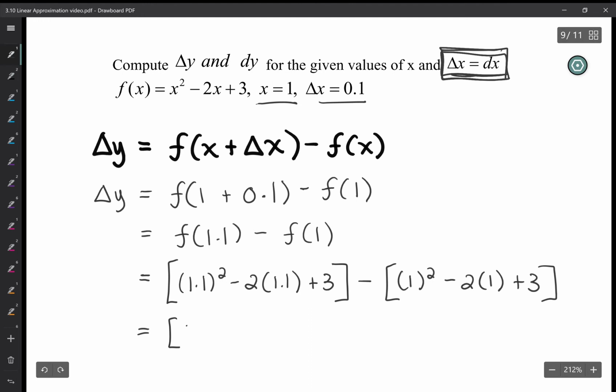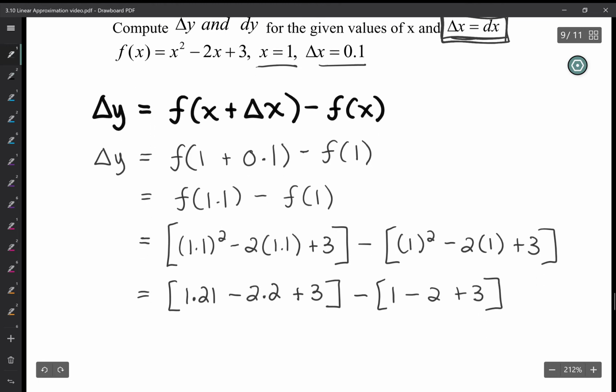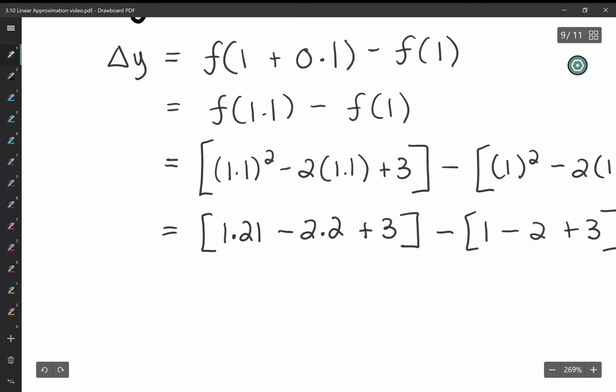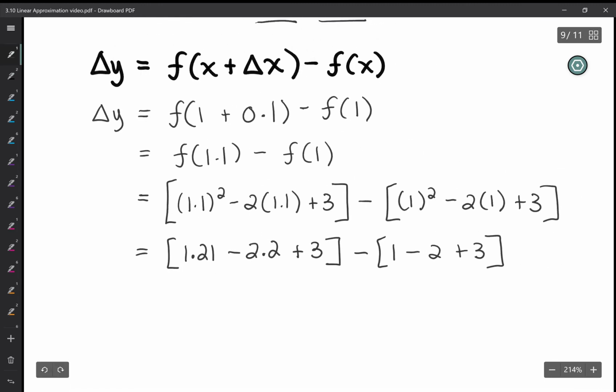So we have 1.1 squared, which is 1.21, minus 2 times 1.1, which is 2.2, plus 3, minus 1 minus 2 plus 3. 1.21 plus 3 is equal to 4.21.